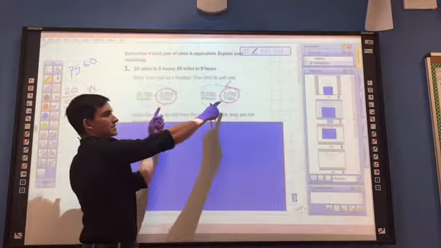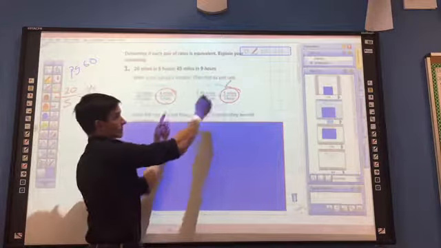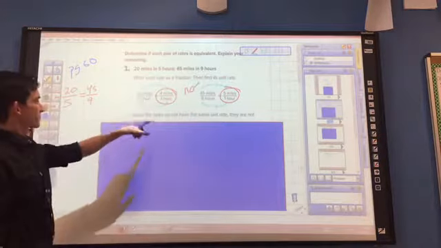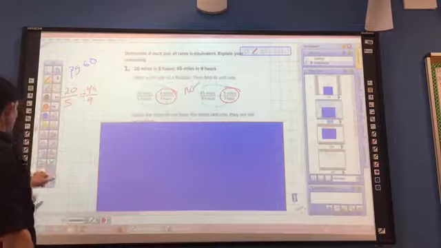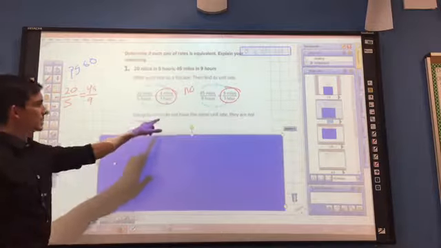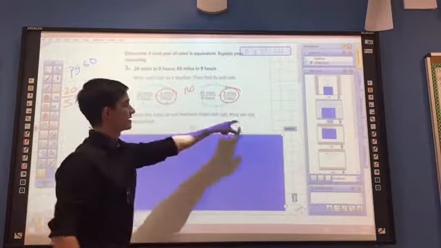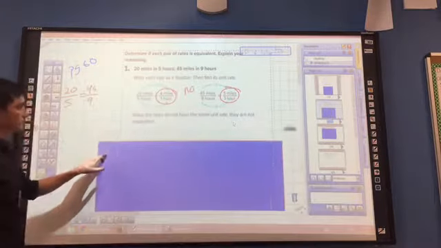So are these unit rates the same? No. Since they're not the same unit rate, they are not equivalent.